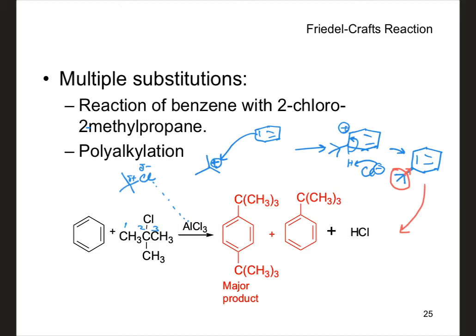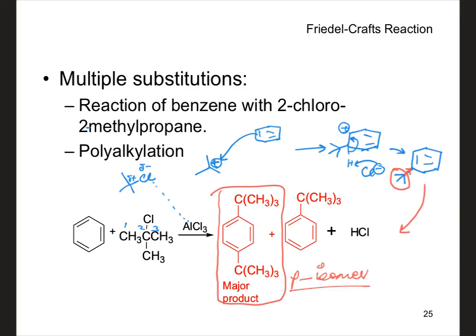And the moment that first molecule gets generated, more and more reaction can take place, and your major product actually is this di-substituted molecule. Can anybody think why it is the para position which gets enriched and that's the one that gets generated here? Yeah, because t-butyl group is so big.